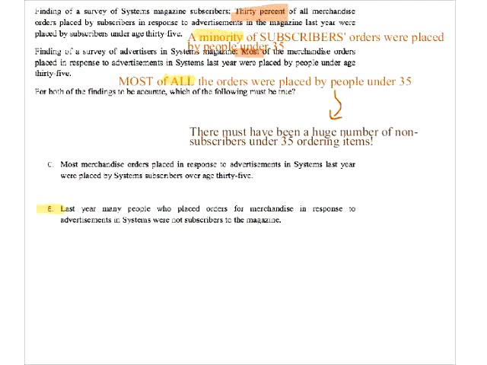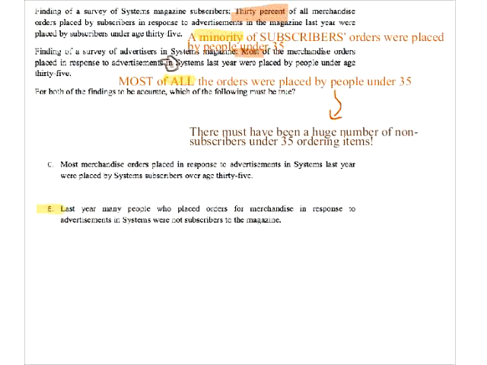Any questions about this? Notice that you can actually prove that C is false. Like, most merchandise orders were placed by subscribers. Well, no, sorry, you can't prove that. But this could very well be false.